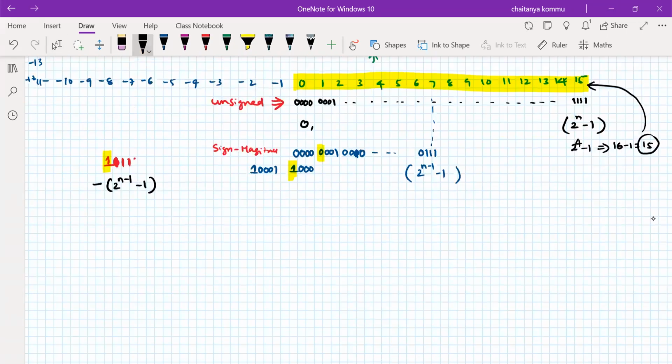Similarly, in the 2's complement representation, how do we represent the unsigned numbers? How many numbers can we represent?